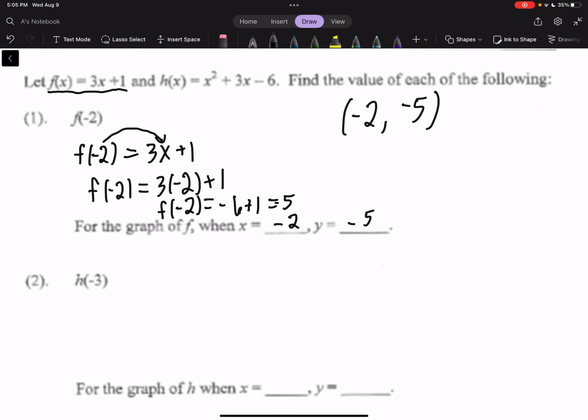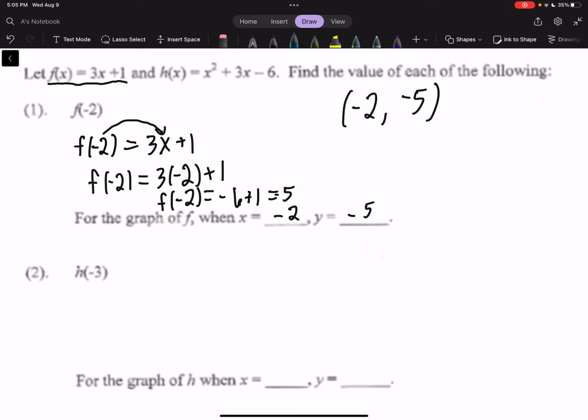h of negative 3, using our h of x. And again, just to reiterate, whenever you have h of x, this is really just y. We're plugging in the negative 3 for anywhere we see the x value. So negative 3 squared plus 3 times negative 3 minus 6.